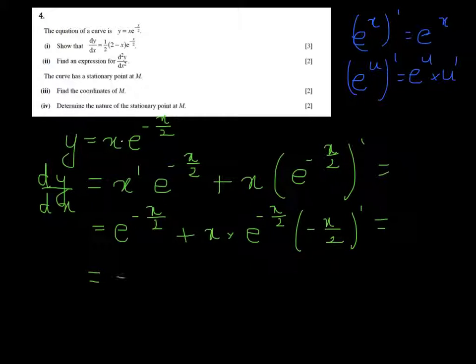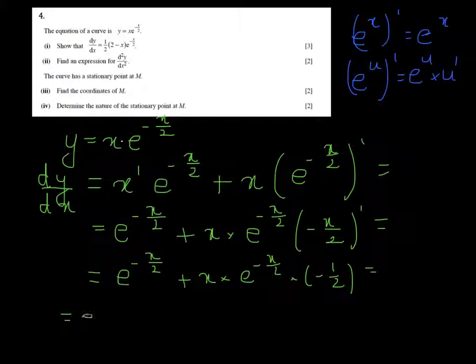I just do it in small steps. e to the power of minus x over 2 plus x times e to the power of minus x over 2 times minus a half. So it's e to the power of minus x over 2 minus x over 2 e to the power of minus x over 2.